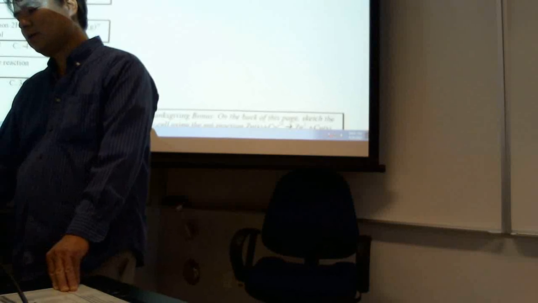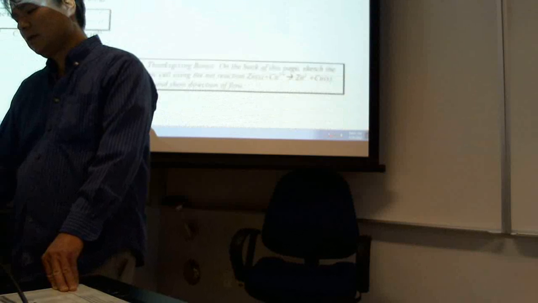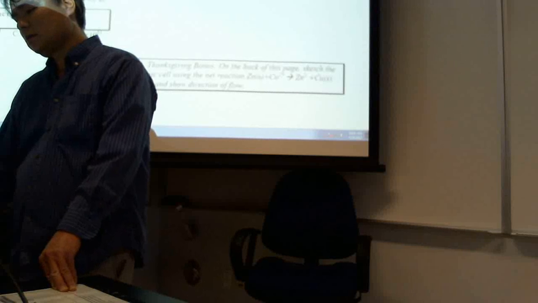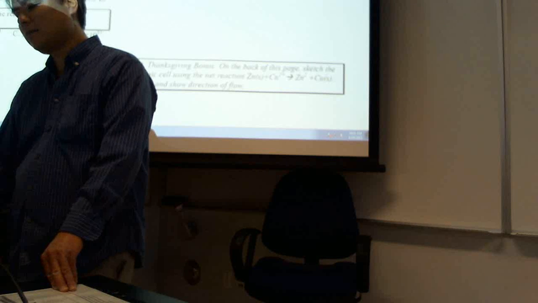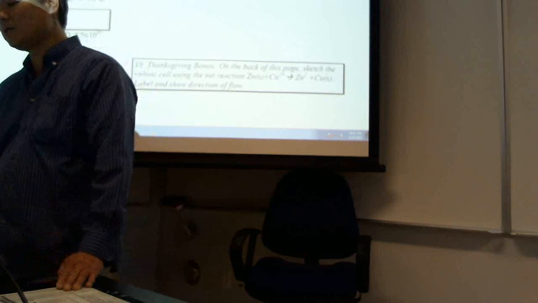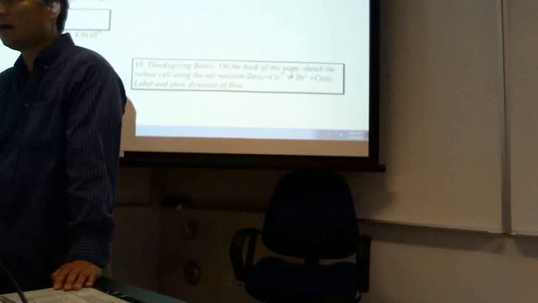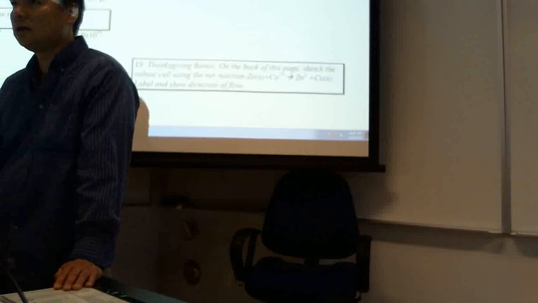Plus 474.2. 16, calculate K at 298 Kelvin for the reaction. Cannot be B, or can it? Yeah, it can be B. This should be highly unfavorable, so if you're going to take a guess, it's got to be B or C. Probably pick B as a guess. Or you could do the calculation.